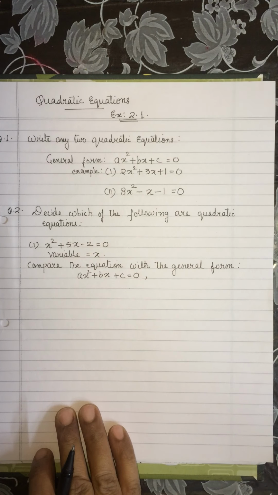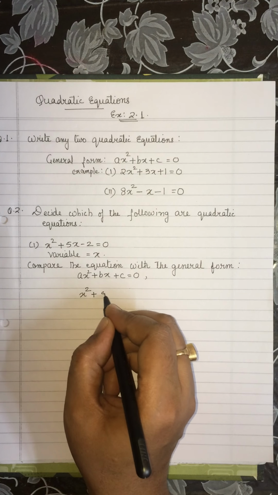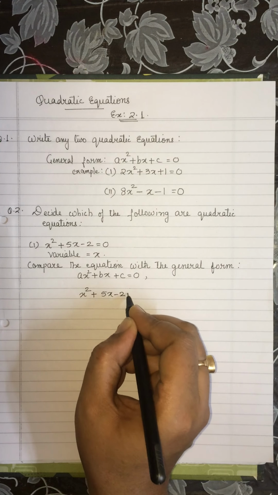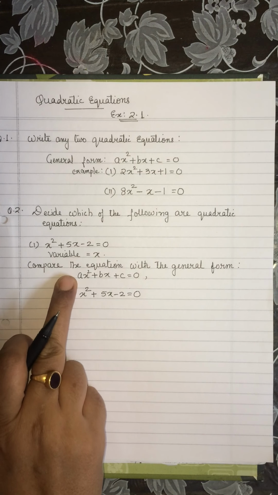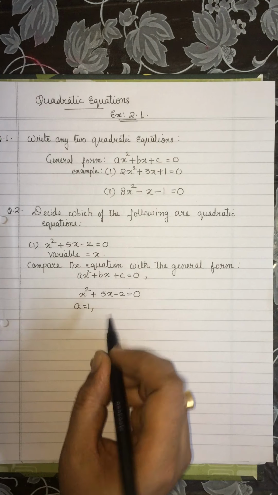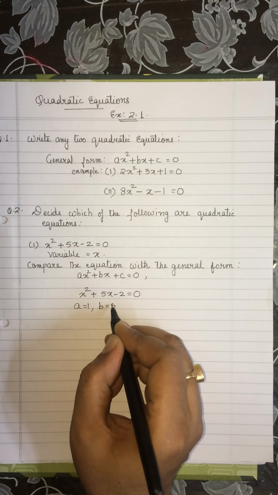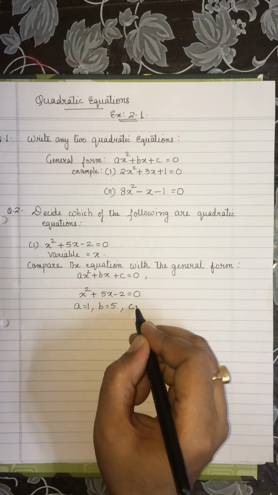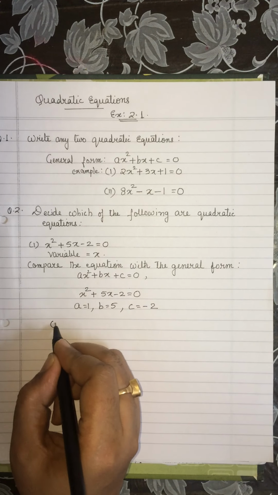What do you get? Check. The equation given is x square plus 5x minus 2 is equal to 0. Here if you compare, a is equal to 1, b is equal to plus 5 and c is equal to minus 2. So let us see the conditions, children.